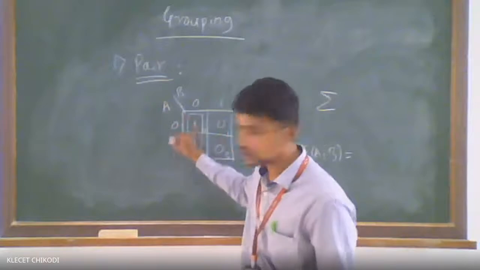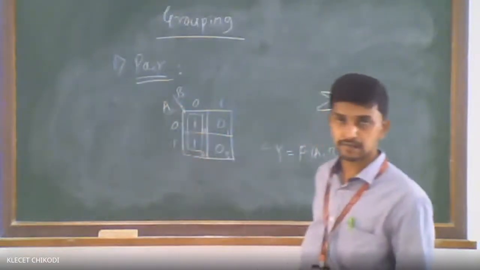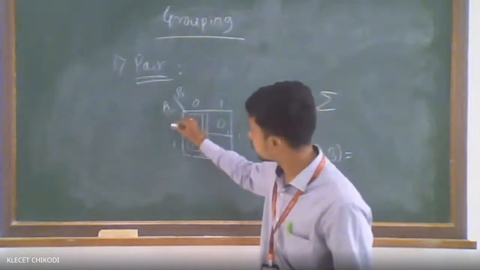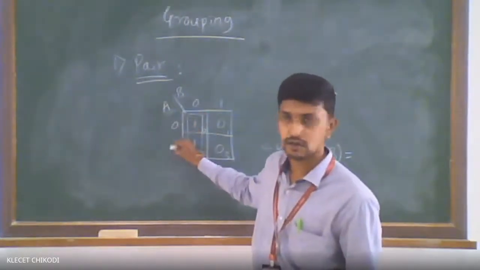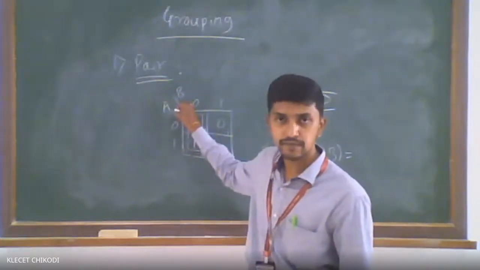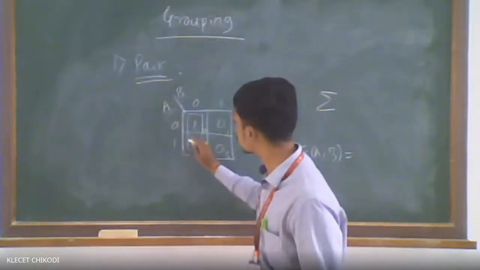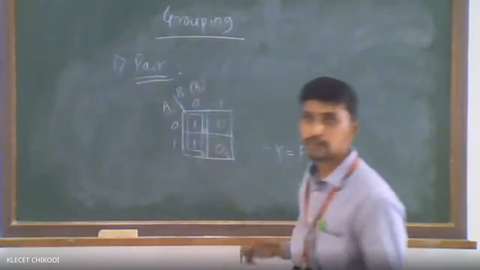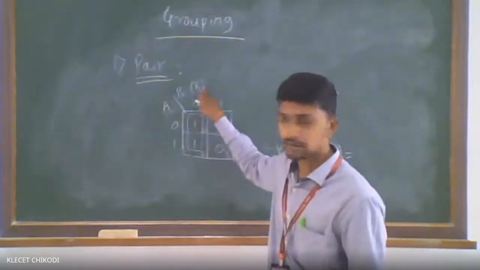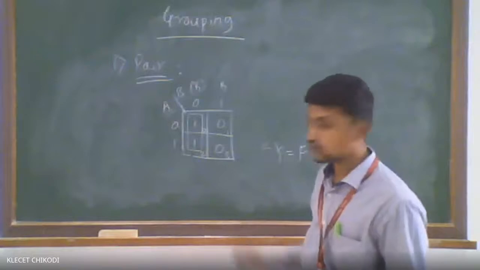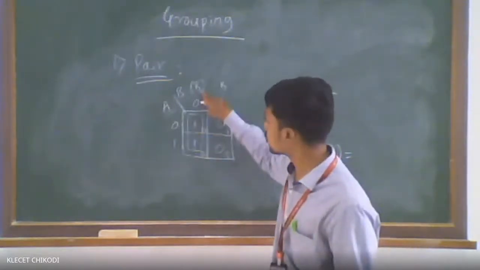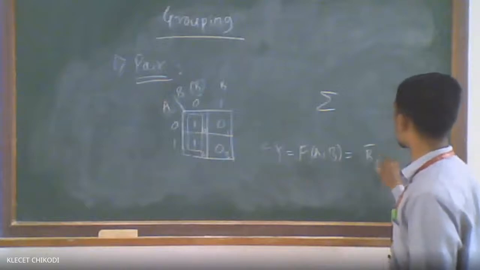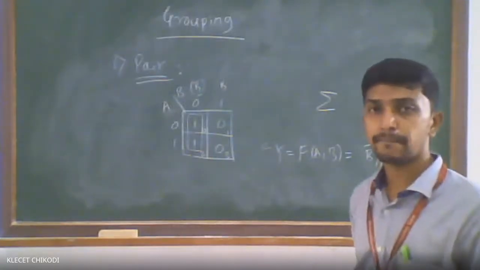If the bit is changing from 0 to 1 or 1 to 0, we are not considering that variable, that is A. Now column wise, this 0 corresponds to B bar and this 1 corresponds to B. Since you are making a pair of ones, you just have to take the respective column value. So that will be B bar. Is it clear?